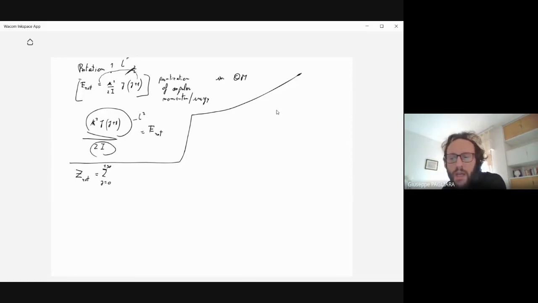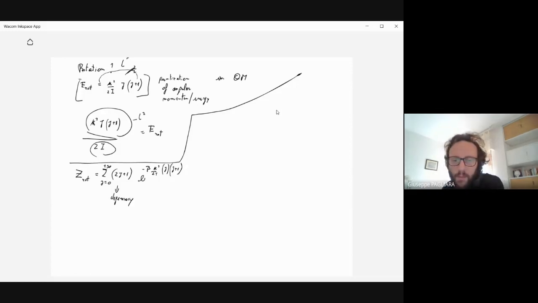Here I have a degeneracy, which is 2j plus 1, which amounts to summing over the values of the magnetic quantum number m. And then I have the exponential of e to the minus beta, and here I have to put the previous formula, which is h squared divided by 2I, and here I have j times j plus 1.